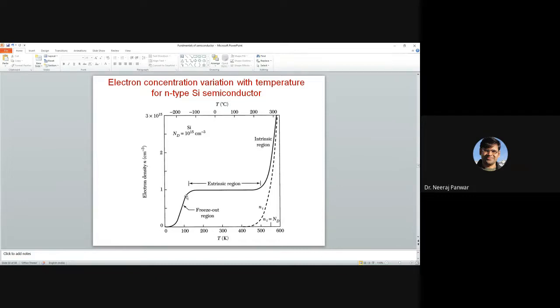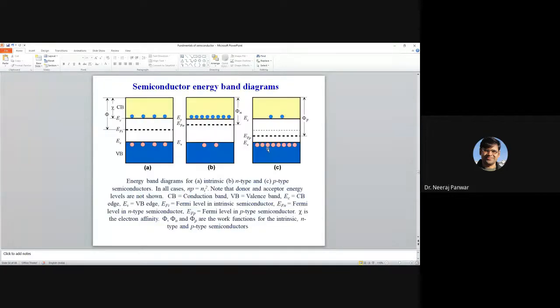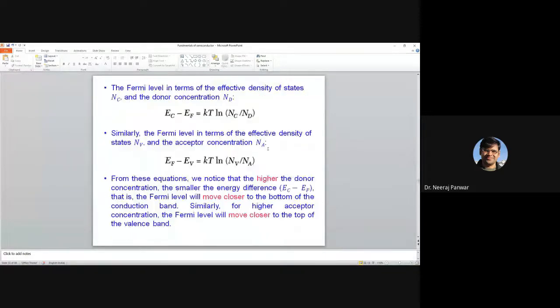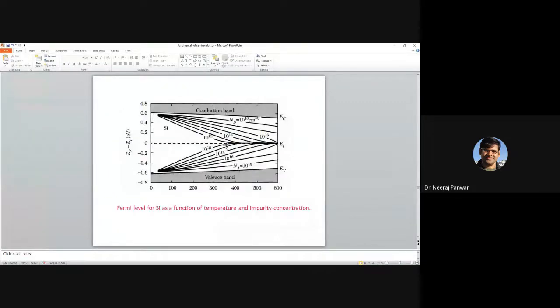But as the temperature increases, the Fermi level for the n-type semiconductor moves down, and at one particular temperature it is the same as that of an intrinsic semiconductor.